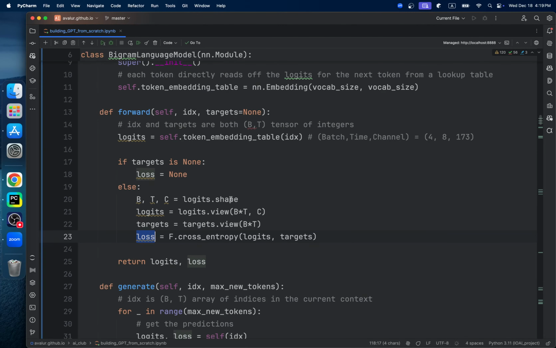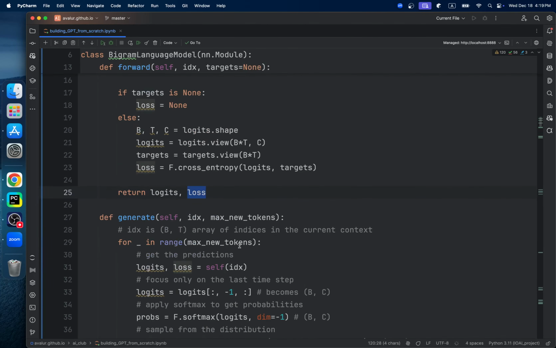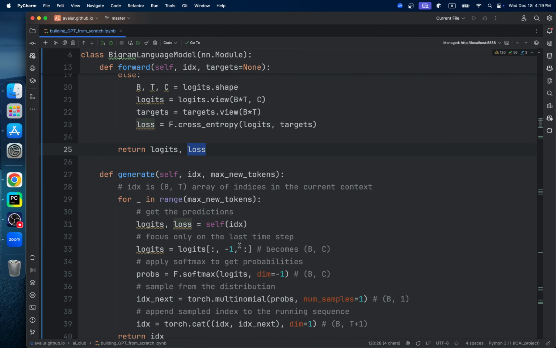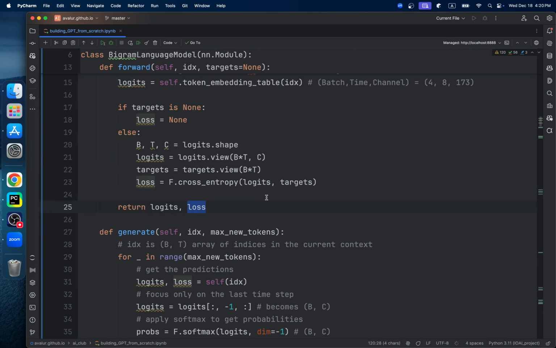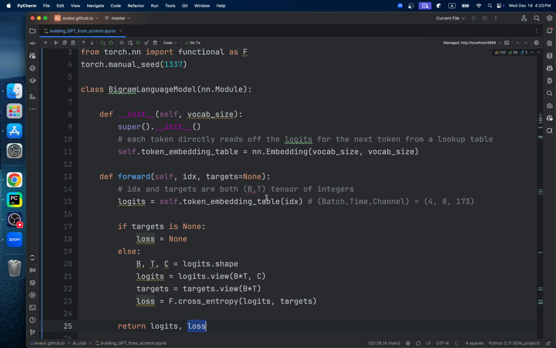The result of the forward pass is the vector of logits and the value of the loss function, which we use for the backpropagation step, for calculating gradients and updating all the parameters.